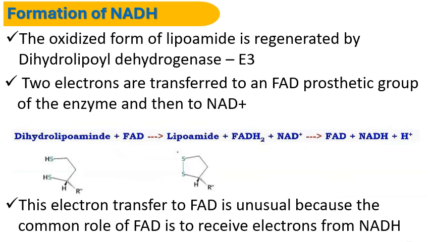But this time around, it seems that it's doing the reverse. And this can only happen when FAD is acting as a prosthetic group. But when it is occurring as a molecule, it normally accepts electrons from NADH. Note that.